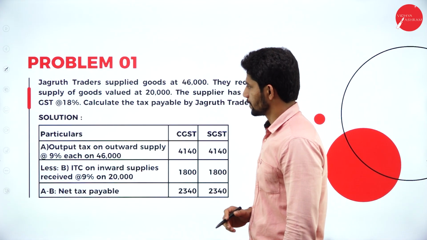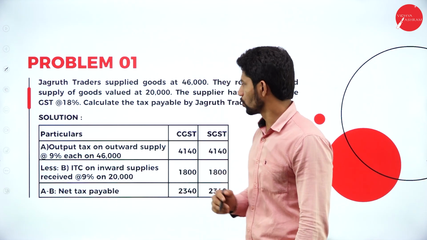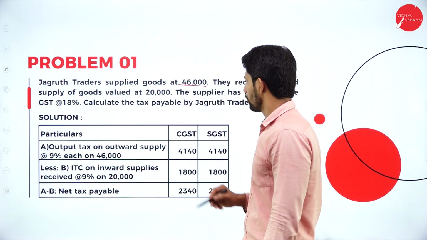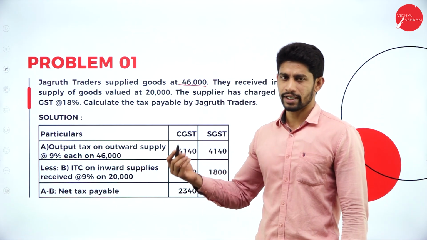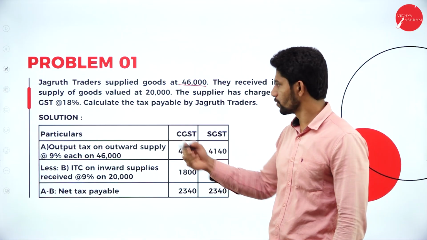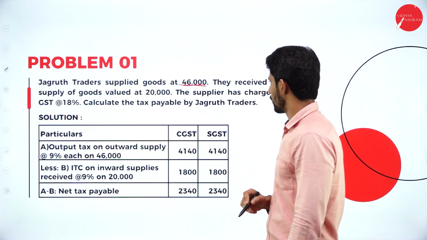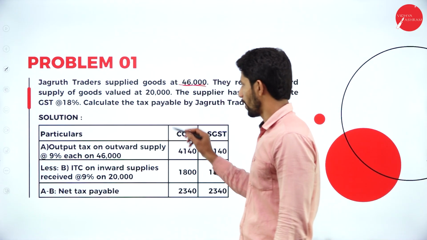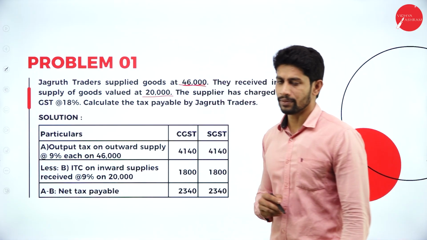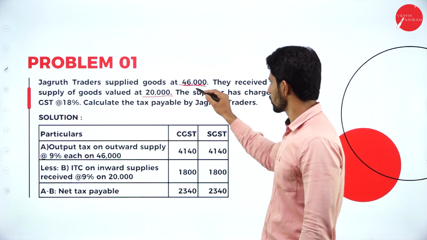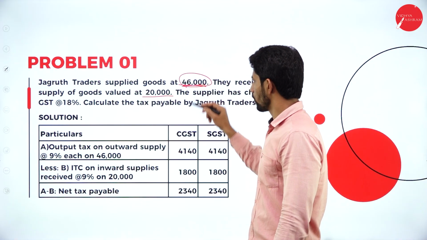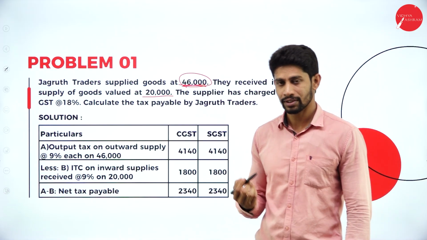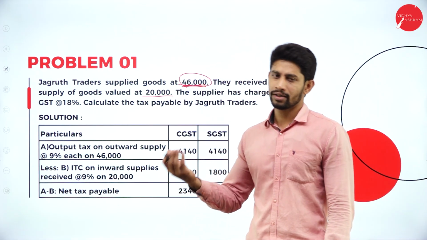Problem number 1, Jagrut traders supplied goods at rupees 46,000. So Jagrut traders are supplying goods; they sold the goods for rupees 46,000. They received inward supply of goods valued at 20,000. That means they sold the goods for 46,000, but for what price did they purchase? They are like a middleman, or the manufacturer.